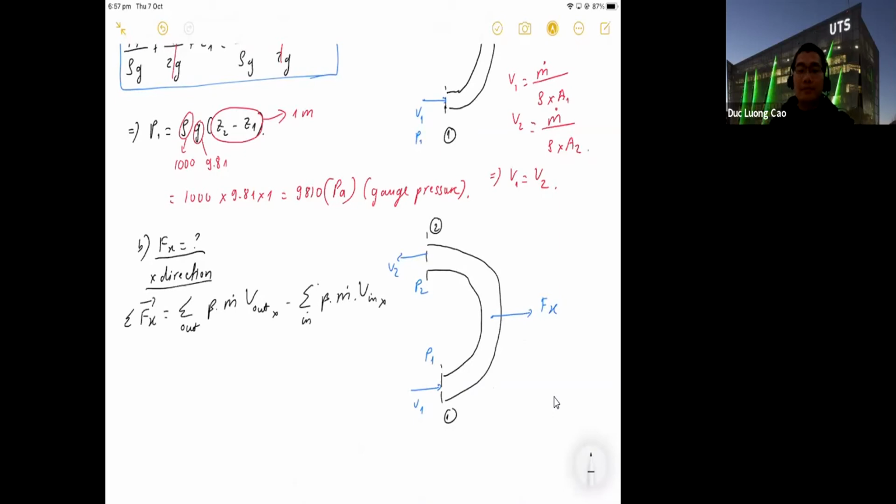Okay, the equation. This one is x direction. Fx.